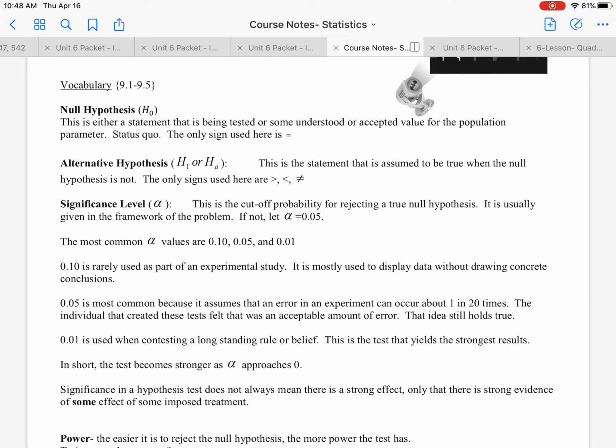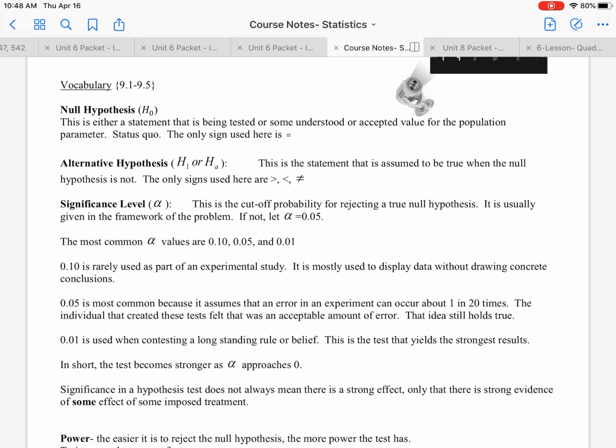The null hypothesis we define as the long-standing rule or belief, or really just the policy that is in place currently, the thing that you are trying to either disprove or support. The shortest way of describing that would be status quo.